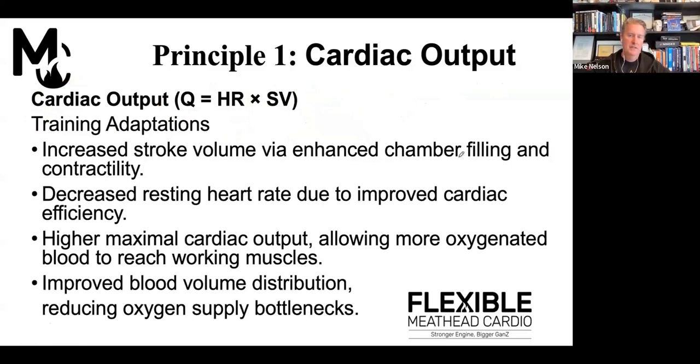So, training adaptations, as we just talked about: increased stroke volume, enhanced chamber filling, and contractility. A cool freebie is that if you can force more blood into the chamber of your heart, you get more stretch, something called the Frank-Starling principle. More stretch lines up the actin and myosin, the contractile filaments, a little better. Cardiac ones are a bit different, but still very similar to muscle, right?